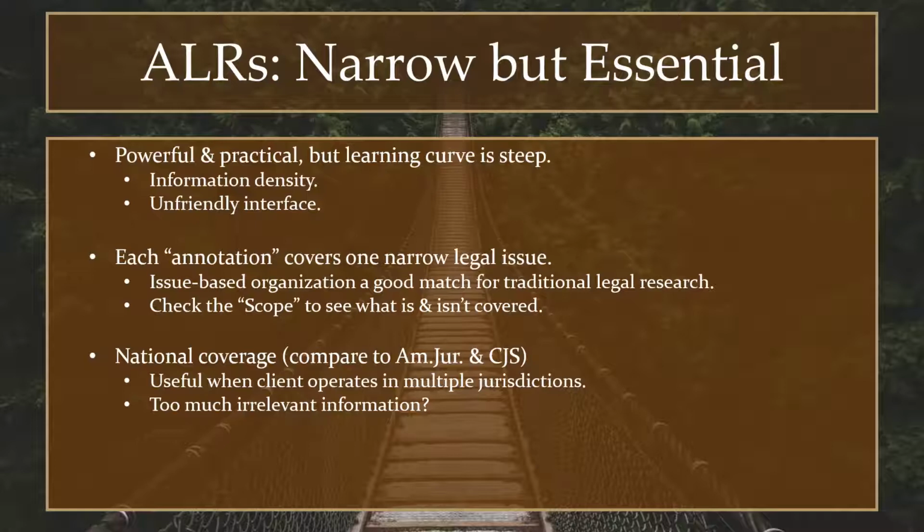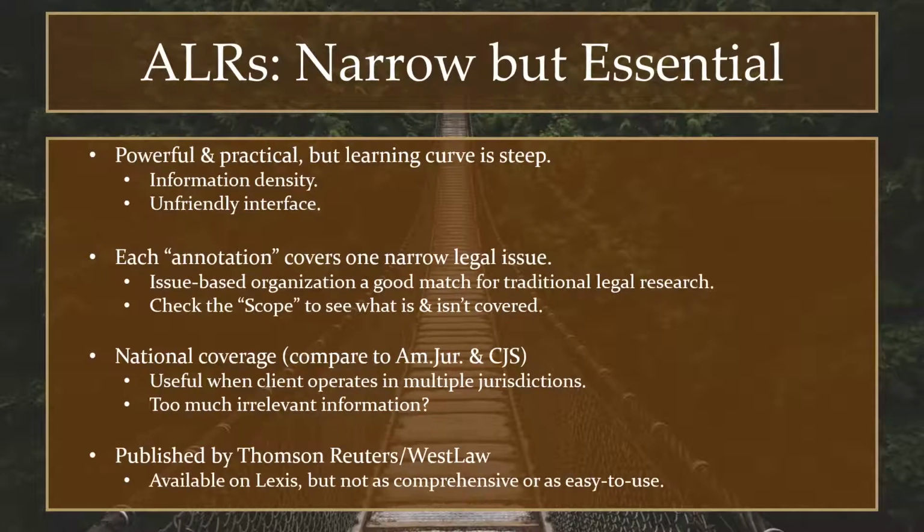It can also be handy if you're advising a large client who operates in a bunch of different jurisdictions. However, it does also represent a bit of a drawback in some ways, because we will encounter a lot of sources that won't necessarily be especially relevant to us if we're still focused on that search for mandatory authority. We'll learn how to filter some of those out and work with that, but it's not always as intuitive to do that as it can be for some other sources.